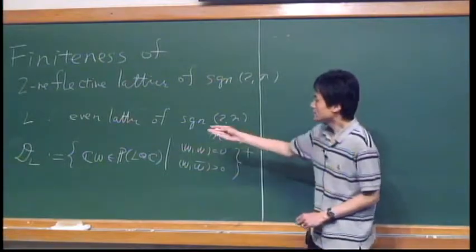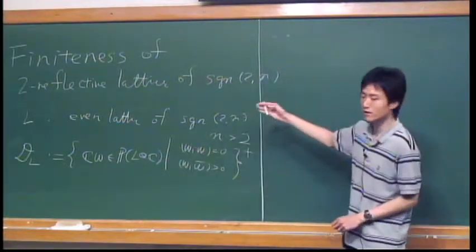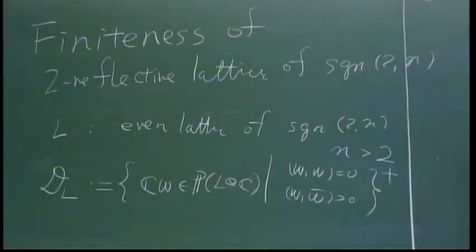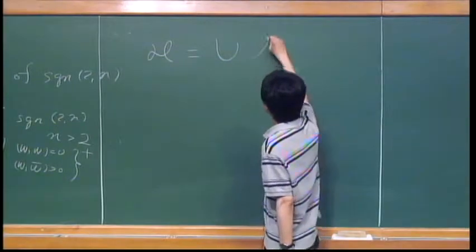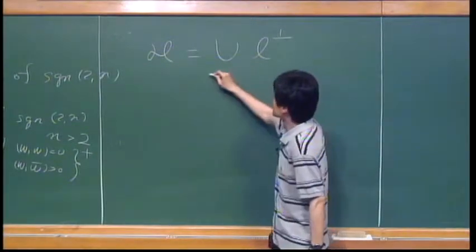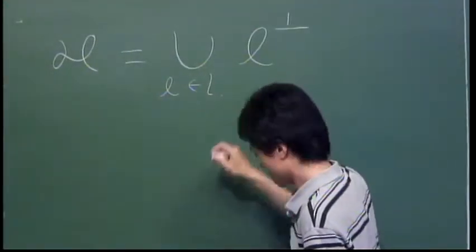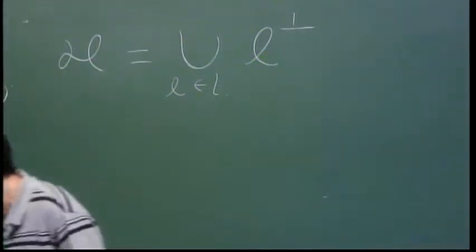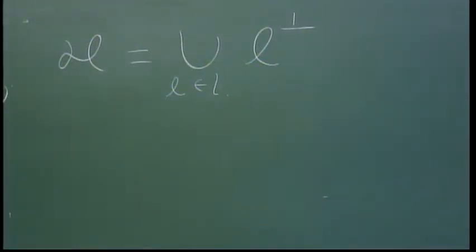And inside this domain, we have the Heegner divisor defined by -2 vectors in the lattice. So this is the union of hyperplane sections defined by -2 vectors in the lattice.